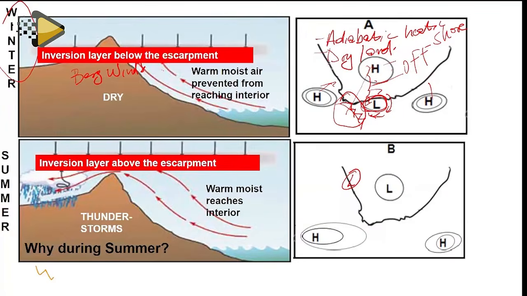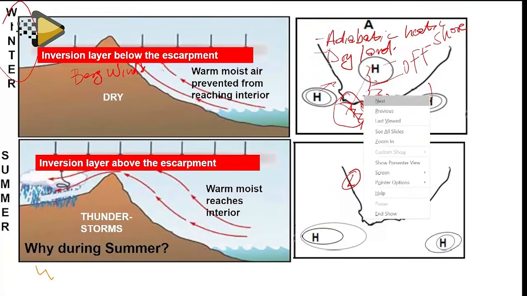And now, because of the clockwise circulation, some of the air mass will be coming from the land. The air mass that comes from the land going into the ocean or to the coast will be dry. And the air that comes from the ocean going into the land will contain moisture.